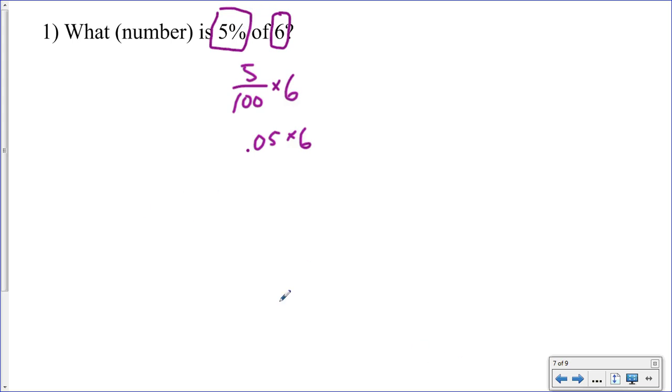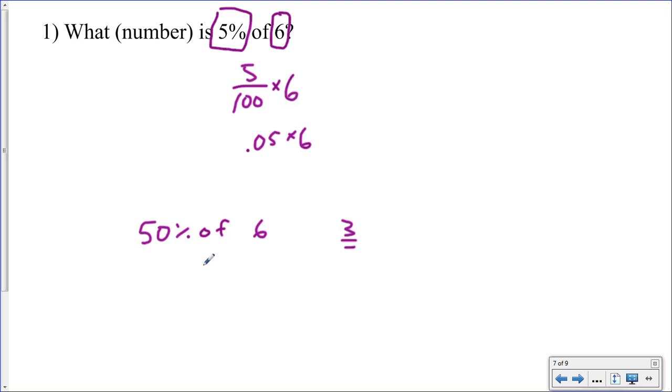So suppose we change it to, let's say it was 50% of 6. Well, we know that 50% of 6 is 3. So how in the world do you get 3 from 50% and 6?